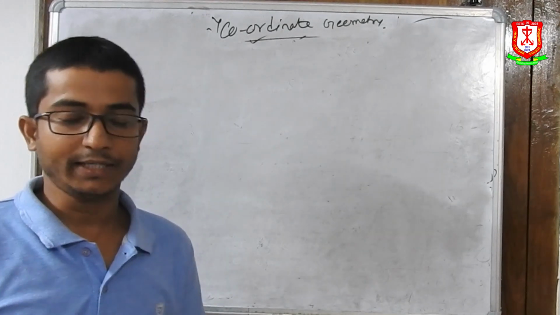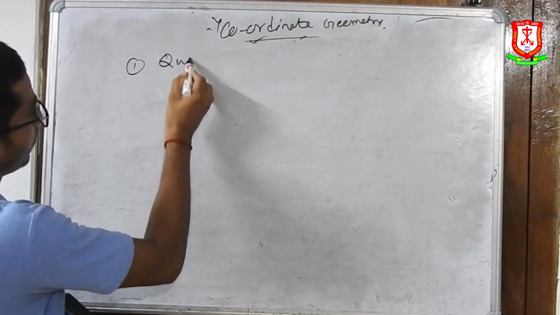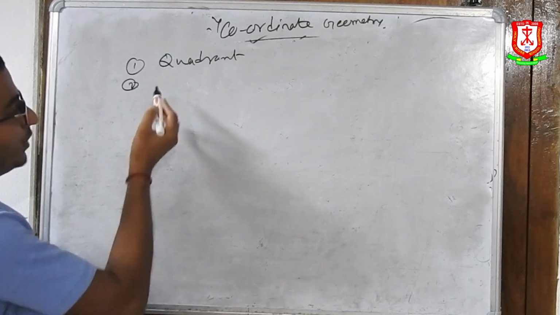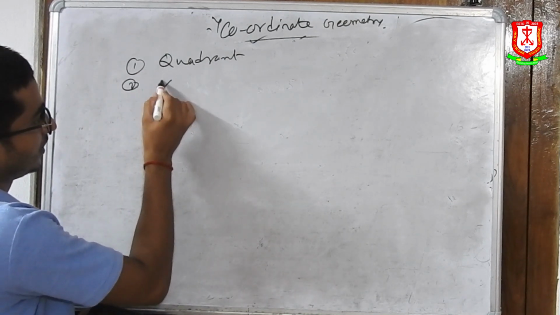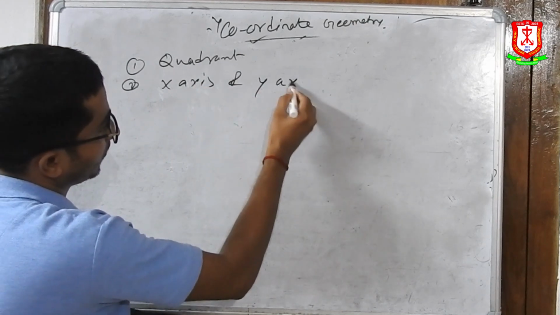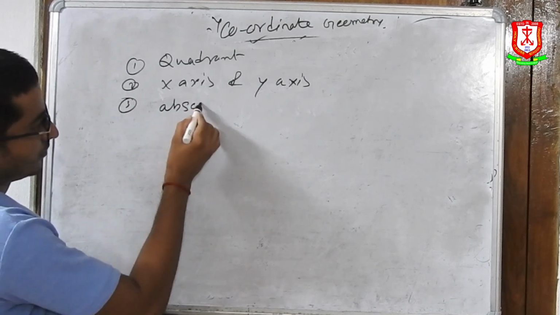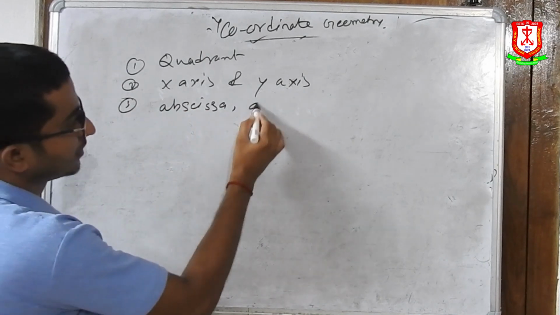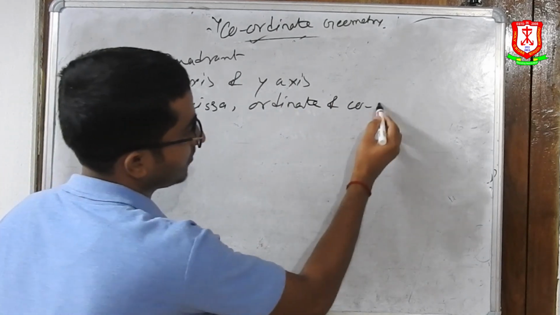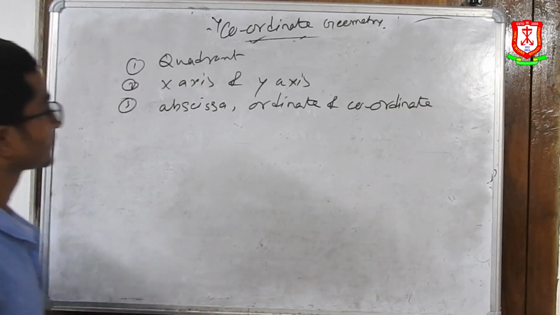From today's class, what did we learn? We learned about quadrants. Secondly, we learned about the x-axis and y-axis. Then about abscissa, ordinate, and at last coordinates.